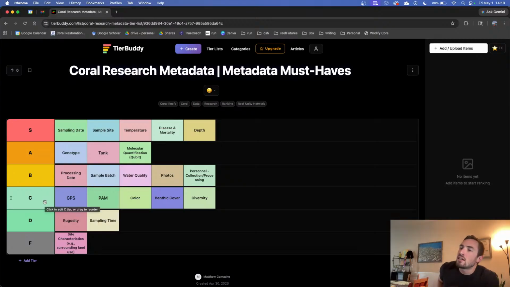C tier: GPS, PAM, FEO over FM, color, benthic cover, diversity would be nice. Probably not going to be the first thing you're analyzing, whatever your question may be, unless it's directly measuring benthic cover and its effect on blah blah blah.